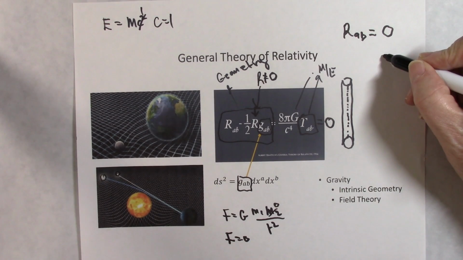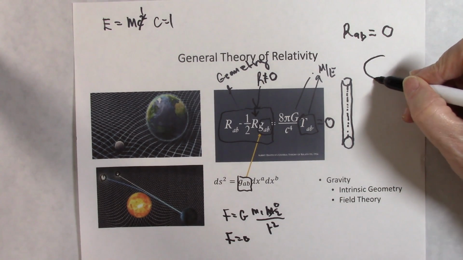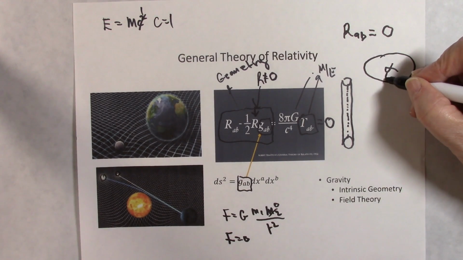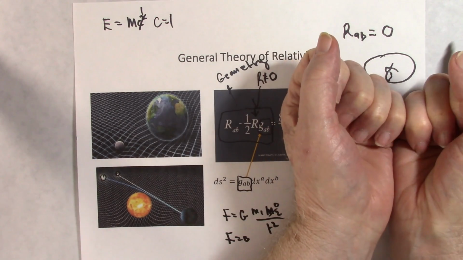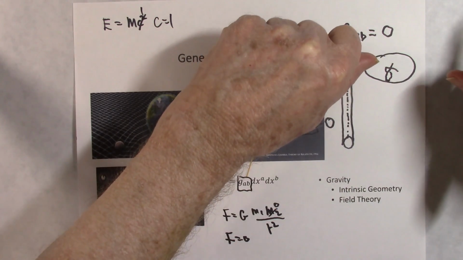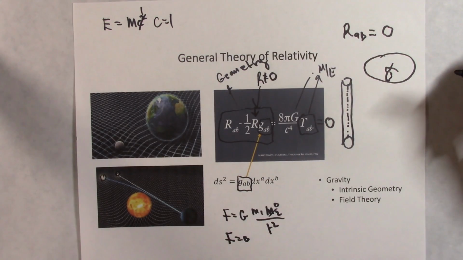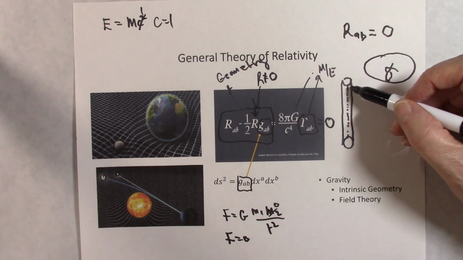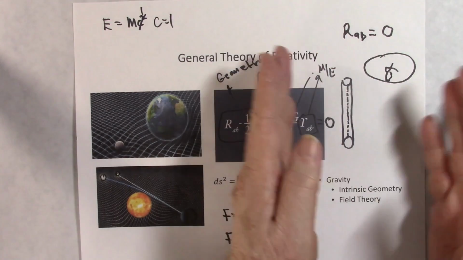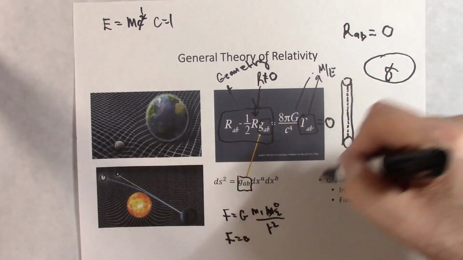Another example might be a donut. This donut, if we cut along here, we're just talking about the surface area of the donut now, not the meaty stuff inside, and open it up, it becomes a tube or a cylinder. And we can cut the cylinder down like that and open it up, and it becomes a rectangle.